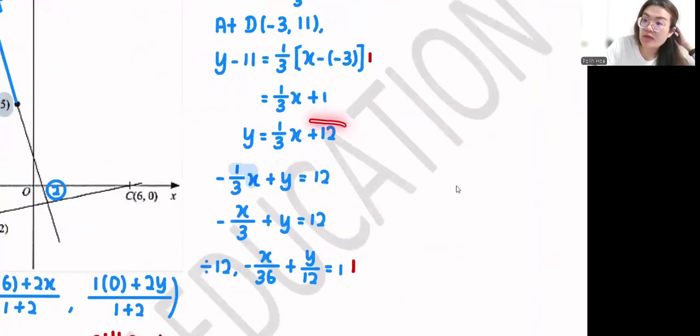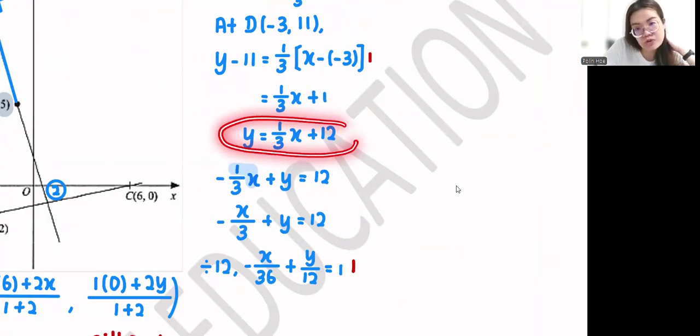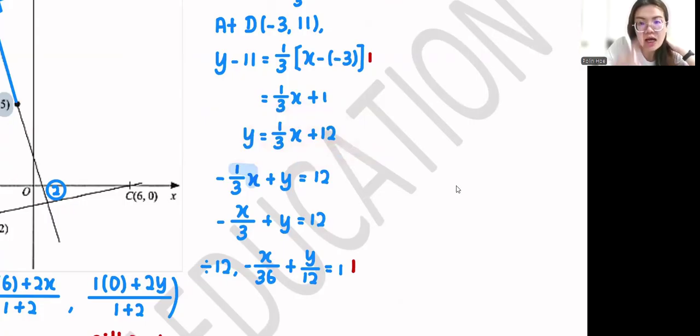Y is equals to mx plus c. 我的 y-intercept is equals to 12. 对不对？ From this line, I know that the coordinate of F is 0, 12.